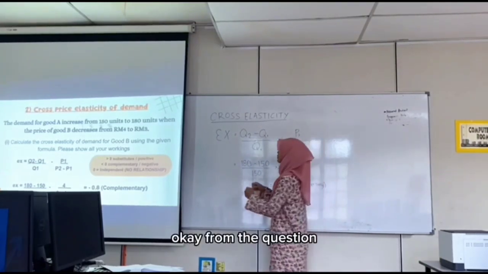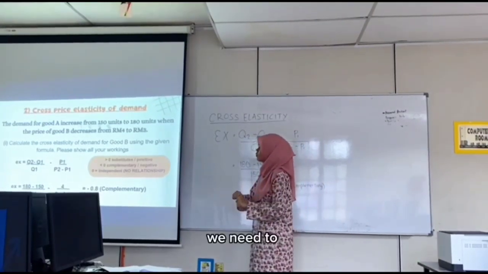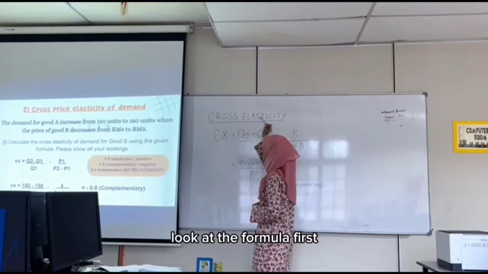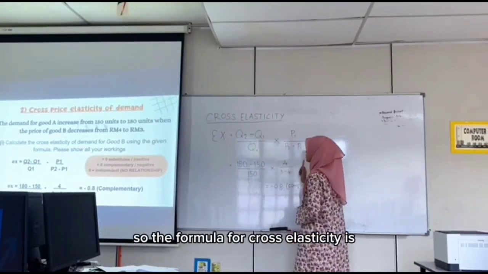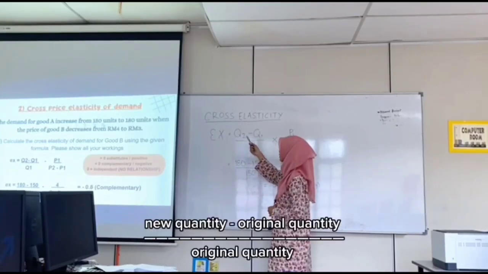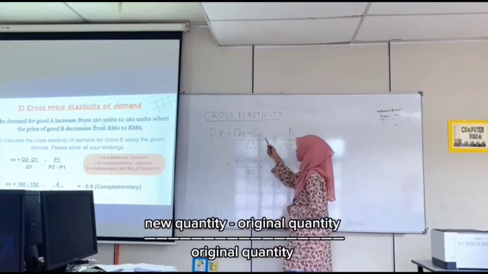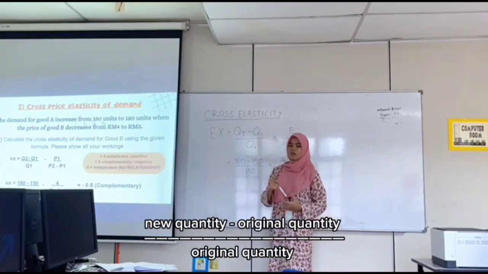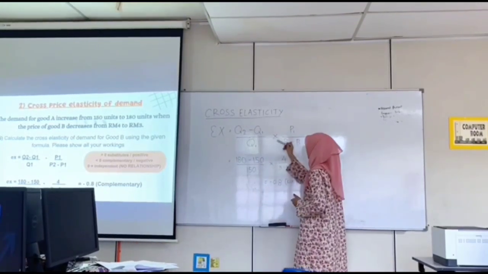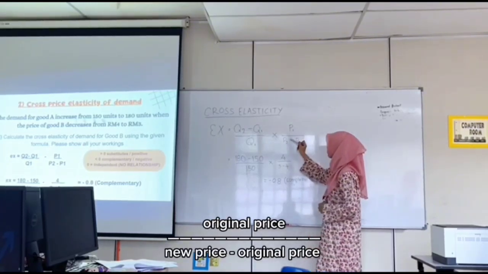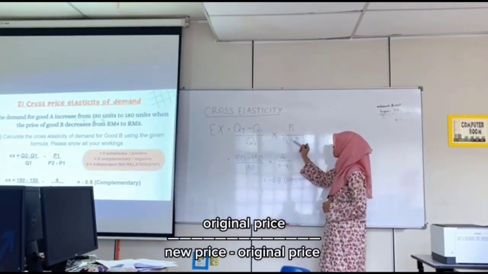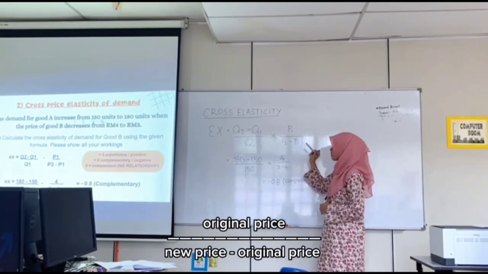Okay, from the question, we need to look at the formula first. So the formula for cross elasticity is new quantity minus the original quantity divided by the original quantity, multiplied by original price divided by new price minus original price.